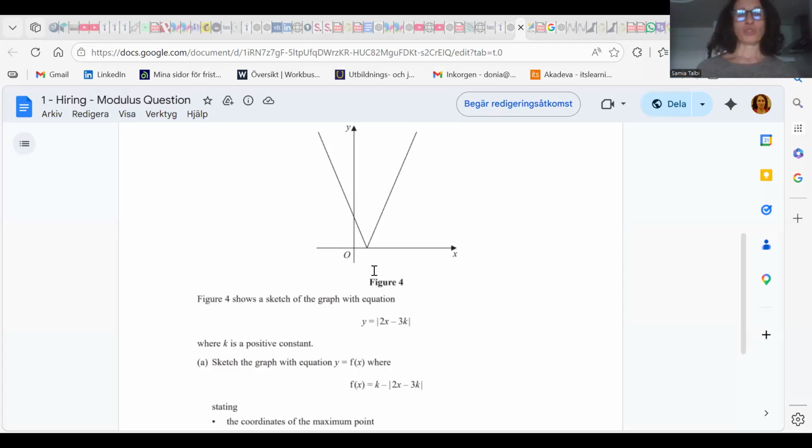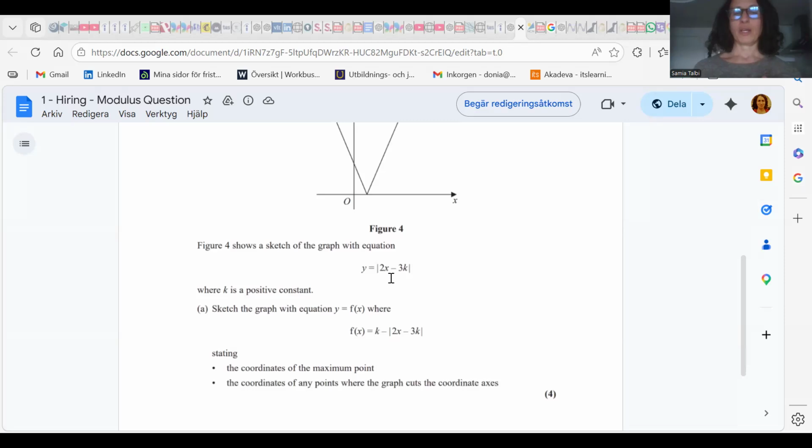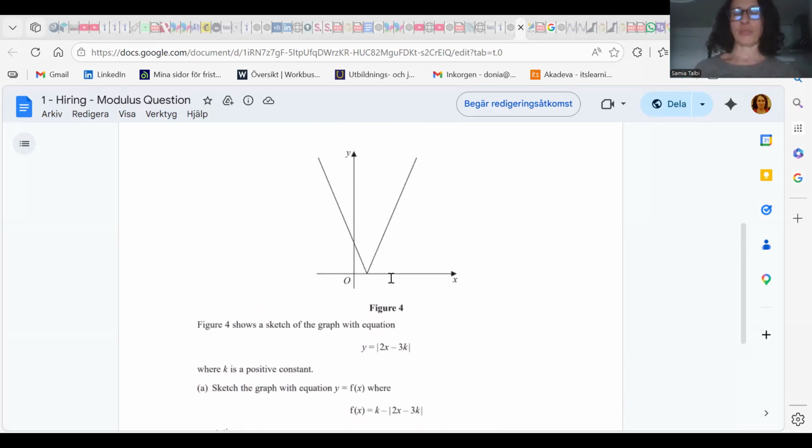We want now to use this graph to sketch k minus modulus of 2x minus 3k, where we'll have to find the coordinates of the turning point, but also any intersection points with the axes, so the x and the y intercepts. And that's the question here.